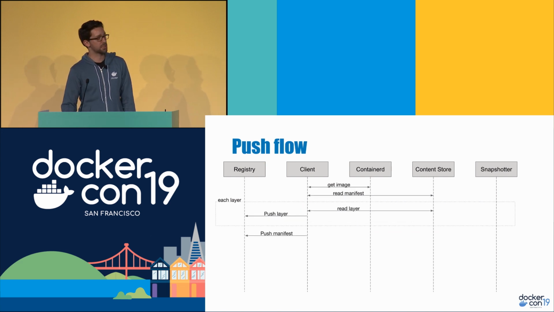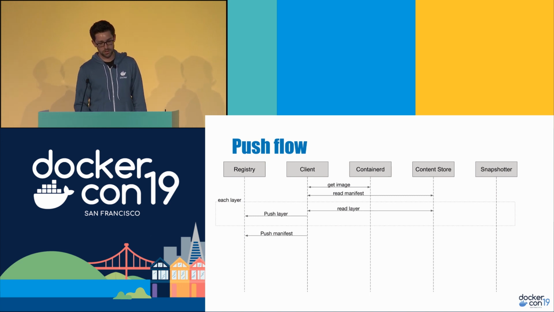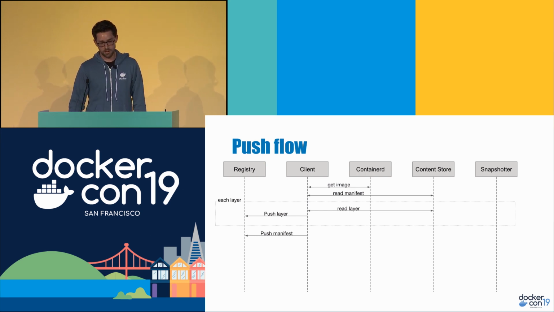Push in containerd is actually vastly simplified. It never actually talks to a snapshotter. All it does is it goes to containerd. It fetches the image, which is going to resolve back to a manifest digest. It's going to read that manifest, look at all the layers that are part of that image. It's going to read those layers from the content store, and it's just going to push them to the registry.